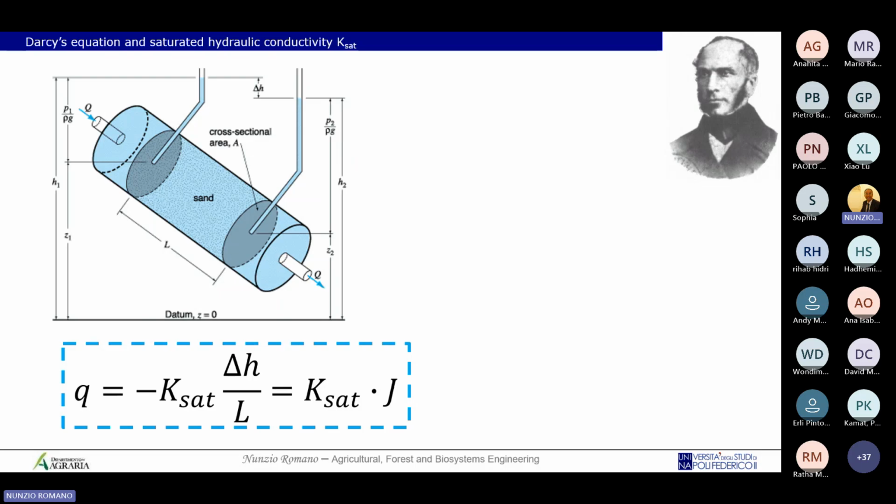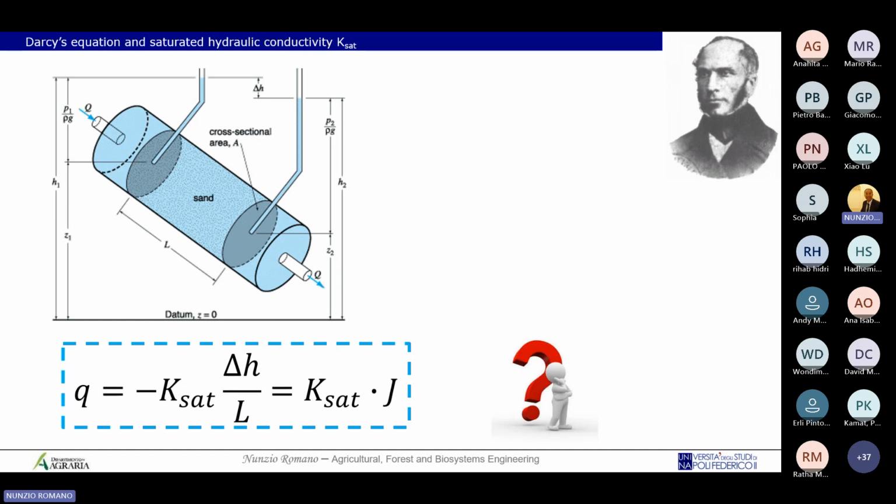The same equation: the heat flow depends on the difference in temperature at the extremes of a bar. What is interesting is that this equation says that there is a linear relationship between the flow of water and the gradient of the energy.